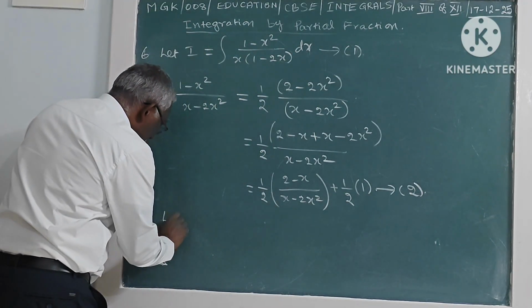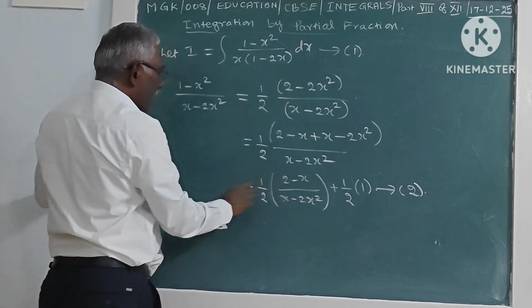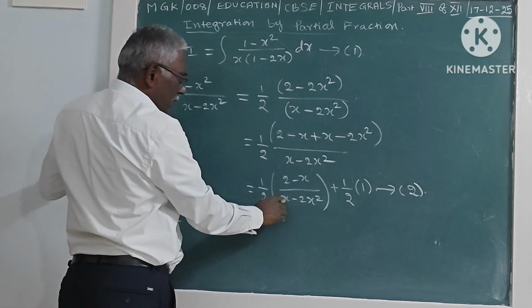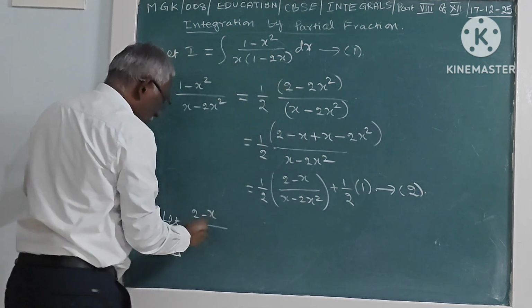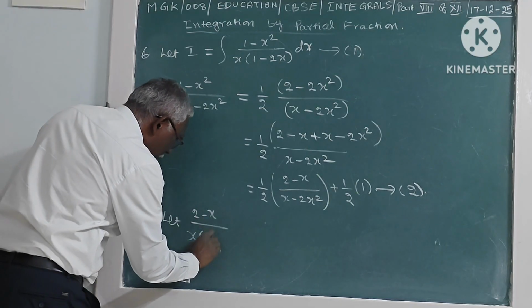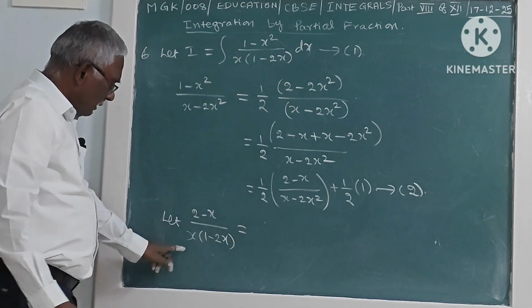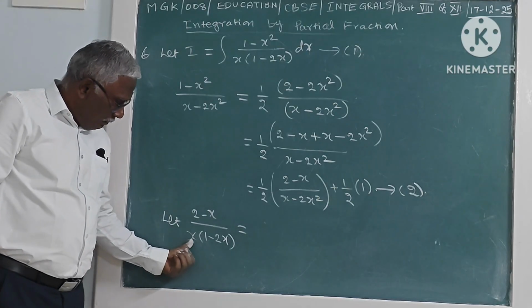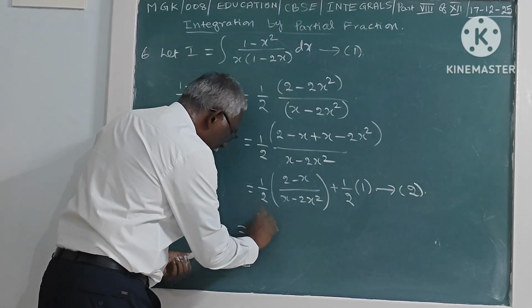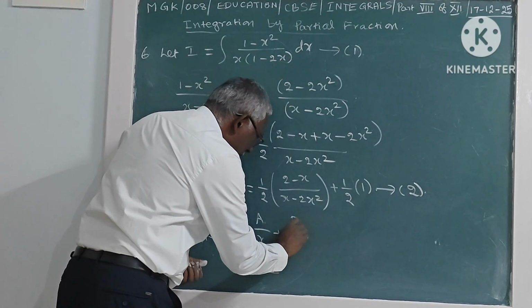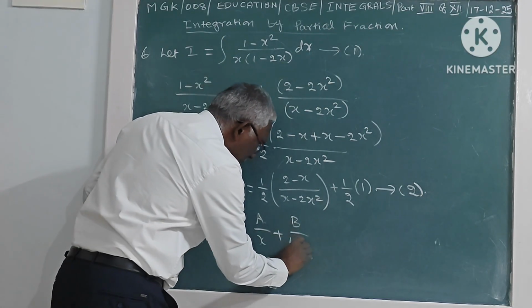So let 2 minus x by, this is nothing but x into 1 minus 2x. x into 1 minus 2x, this equal to a by x plus b by 1 minus 2x.